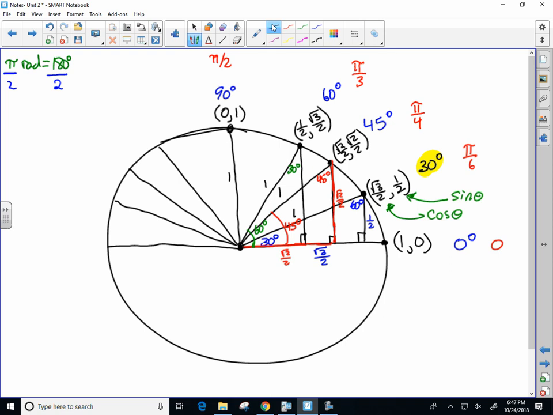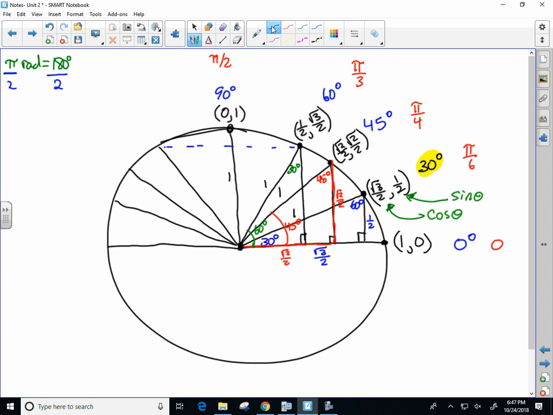Everything else is some sort of reflection. Actually, they're all rotations, but a reflection of what's going on in the first quadrant. So I already have the coordinates, because anytime I reflect over the y-axis, I'm negating the x value. Same y value, different x.